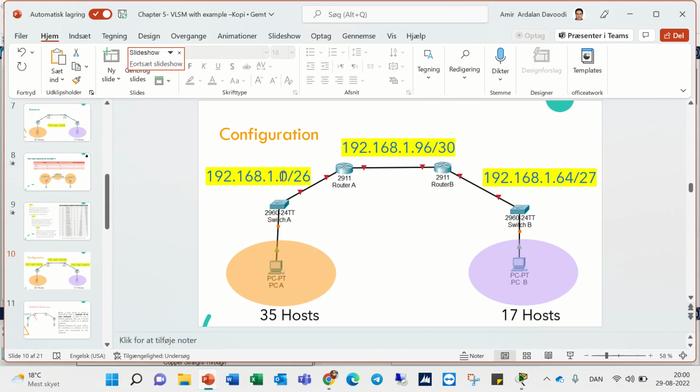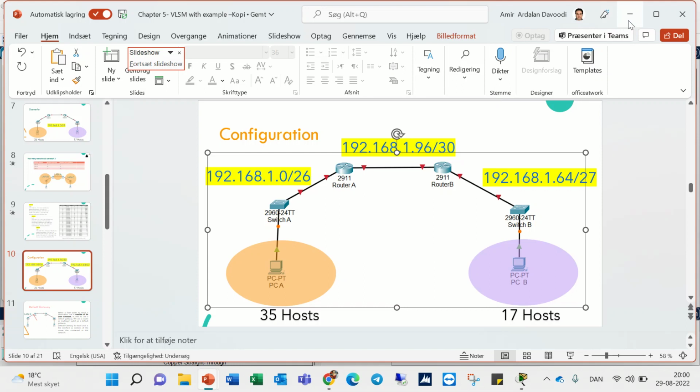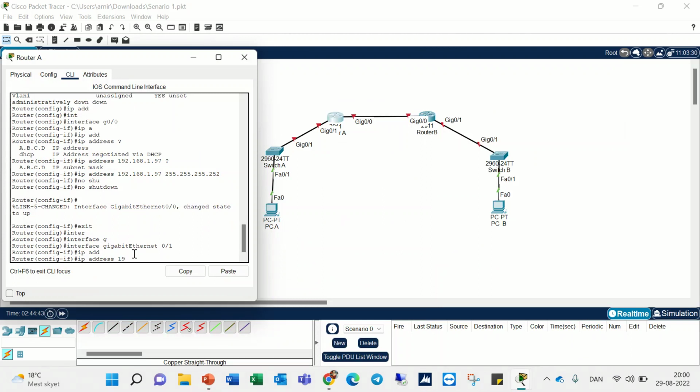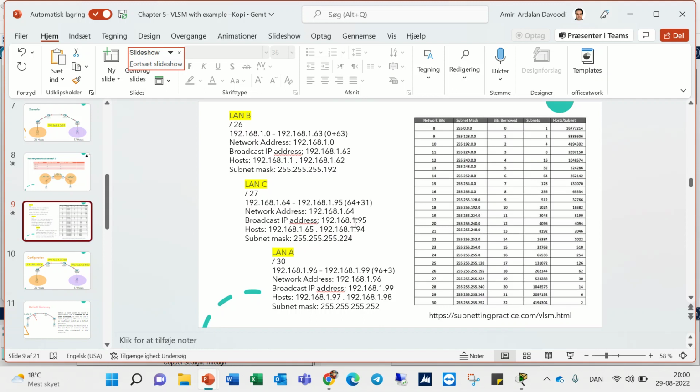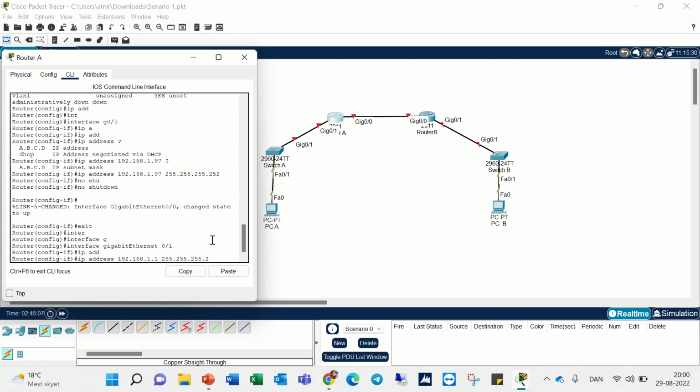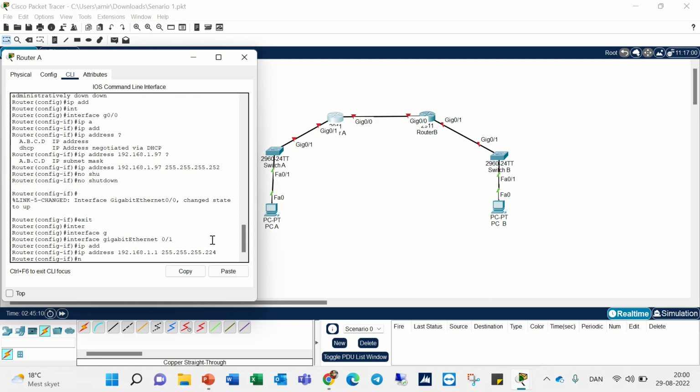This is only up to me, I can use 2, 3, 4, all of them are free, but I want to use 1. The subnet mask is 255.255.255.224.